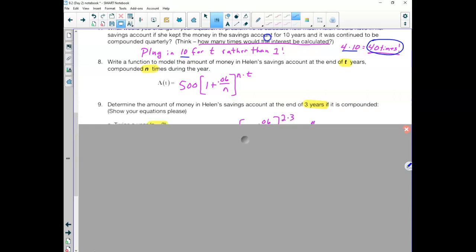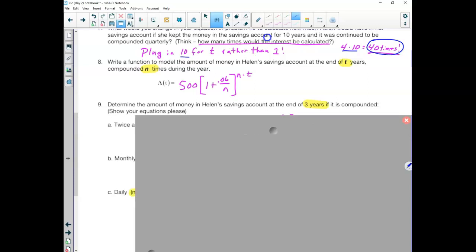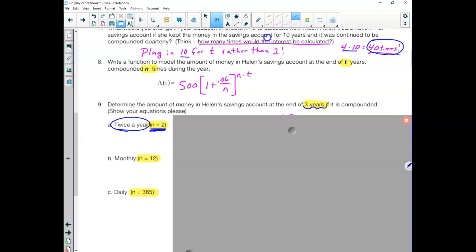So then what we're going to do is determine the amount of money in Helen's savings account at the end of 3 years, if she compounds her interest twice a year. Well, compounding twice a year, interest twice a year, that means N is 2. And if it's in there for 3 years, that means T equals 3.